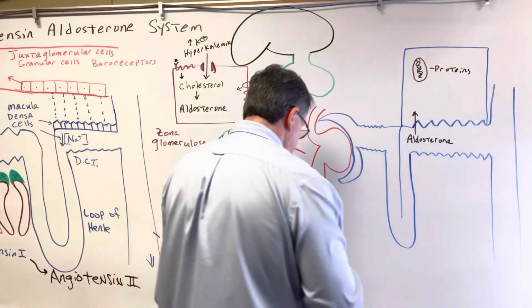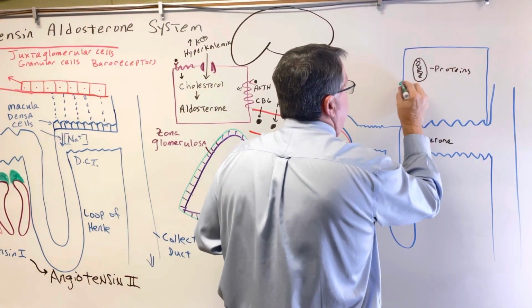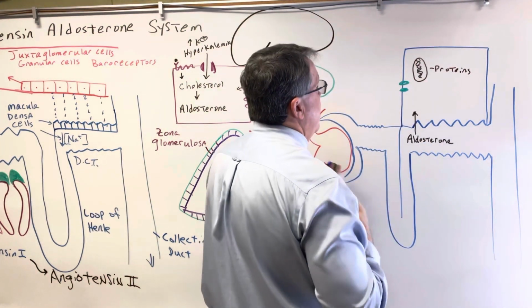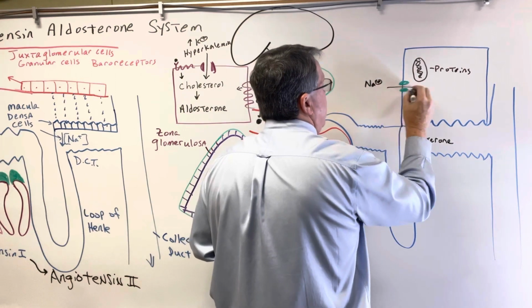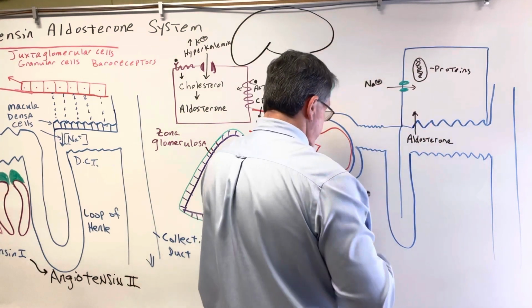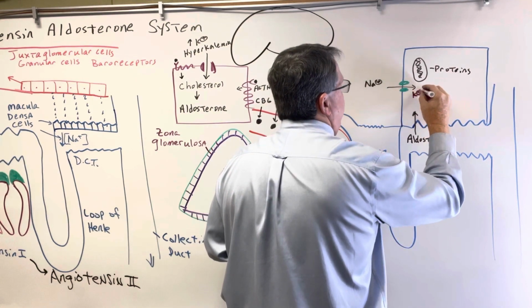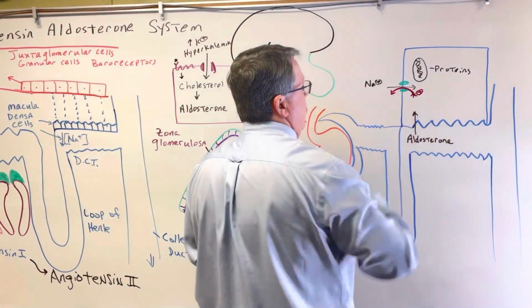Some of those proteins will be over in here, and this is going to be basically like our sodium-potassium pump. It's going to pump sodium into this principal cell, but at the same time pump potassium out. So potassium comes out, sodium goes in.